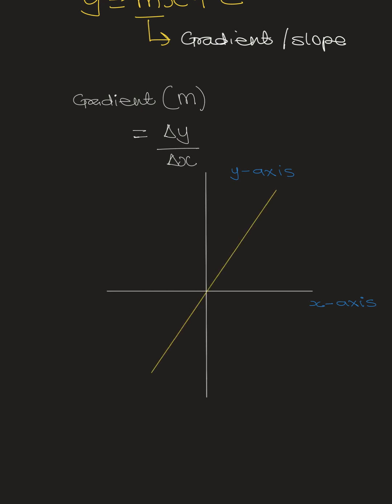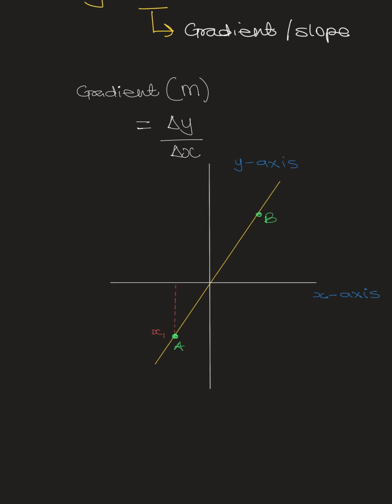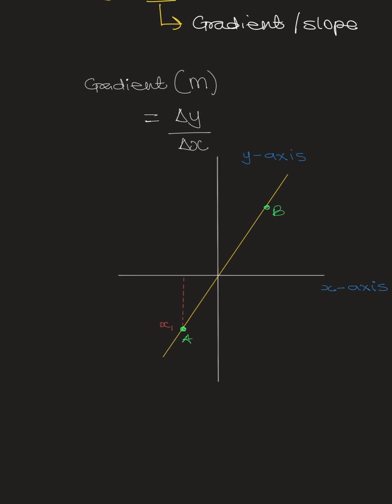The 2 points on the graph, let's say this is point A and this is point B. For point A, it has x and y values, right? So the value that is traceable on the x-axis, let's call that x1, and the value that is traceable on the y-axis at point A, let's call that y1. So the coordinates for A will be x1, y1.